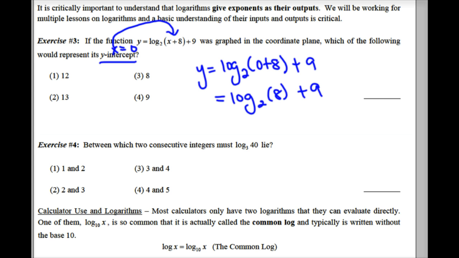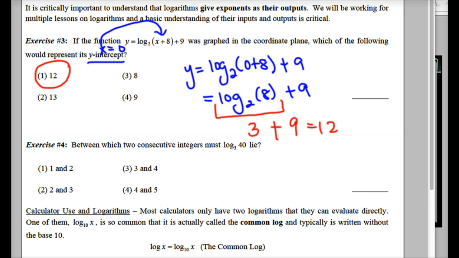Now these are two different parts. Log base 2 of 8 is actually 3, plus 9 is 12, which is choice 1. The next question says, between which two consecutive integers must log of 340 lie?